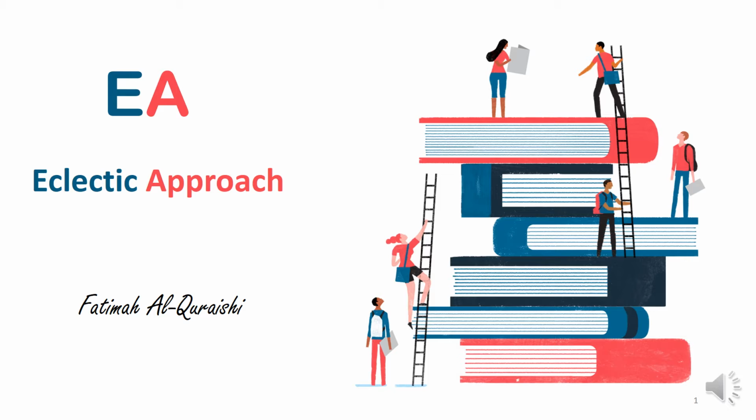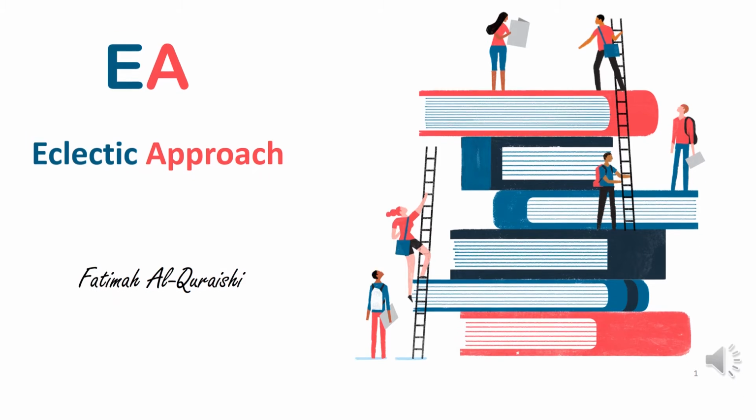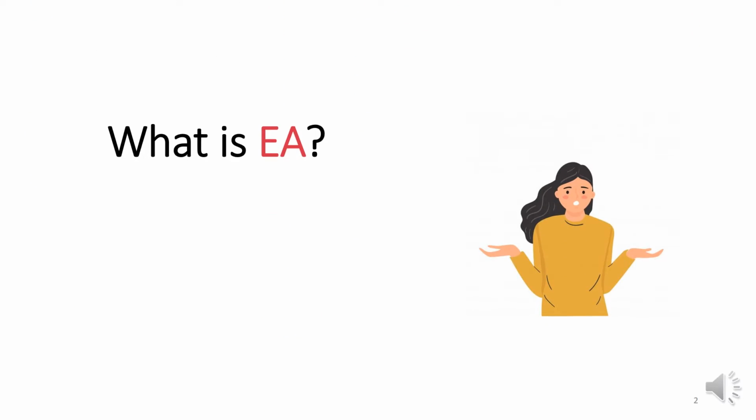Today's lecture is the Eclectic Approach. What do we mean by EA? EA is an acronym for Eclectic Approach.